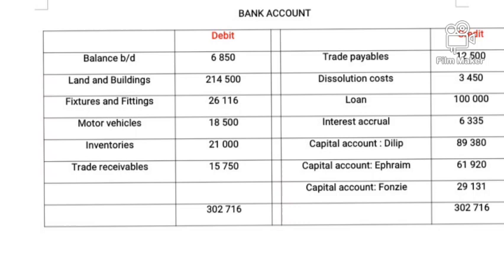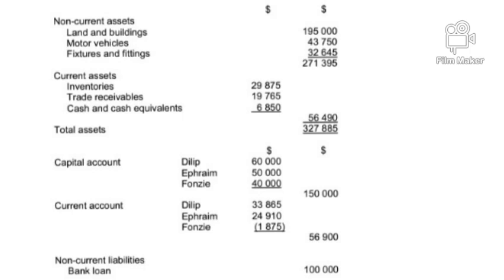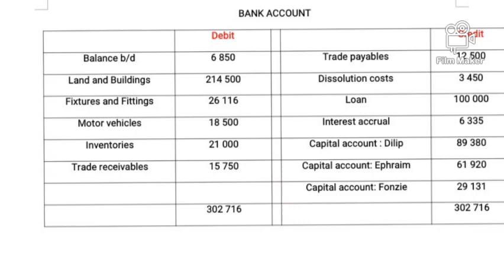If you look at the statement of financial position, you can notice that cash and cash equivalents are appearing under the heading of current assets, which is an indication that the bank account is a favorable balance, which is the debit balance. But if the cash and cash equivalents was written under the heading of current liabilities, you have to place balance b/d on the credit side. So I'm going to put balance b/d on the debit side since the cash and cash equivalents are representing a favorable balance.